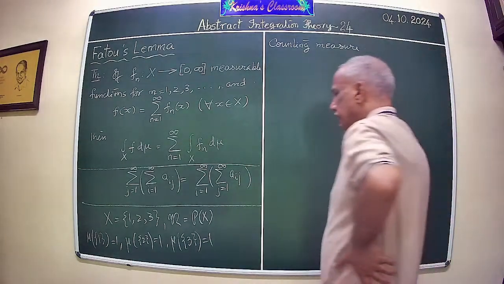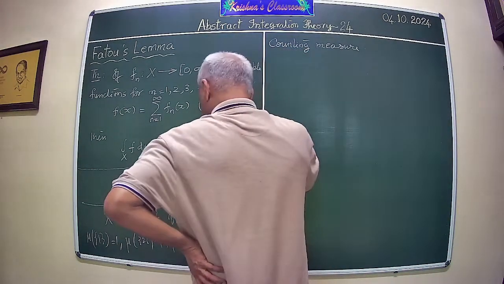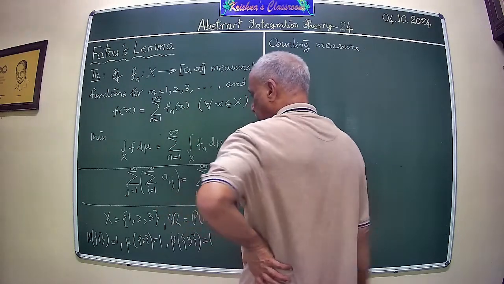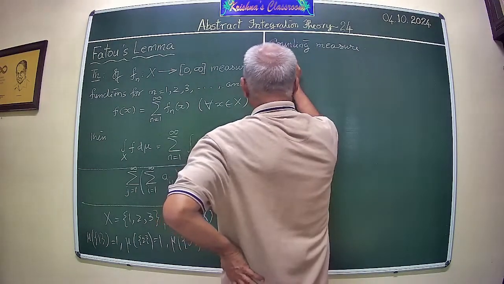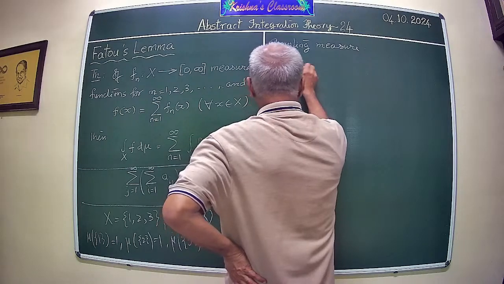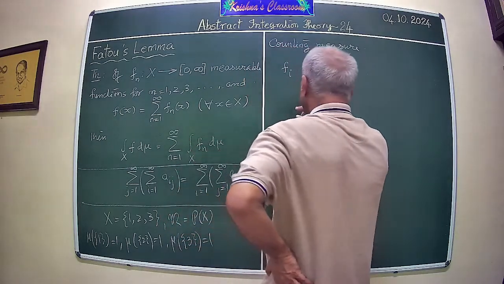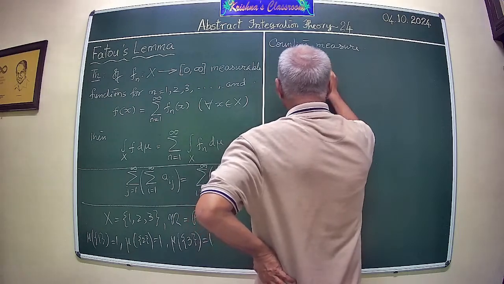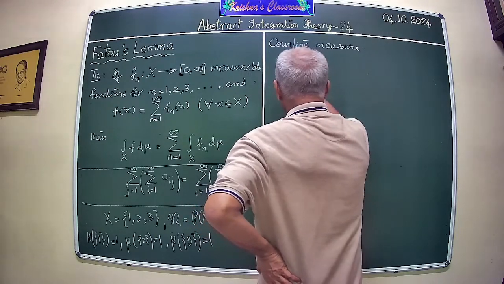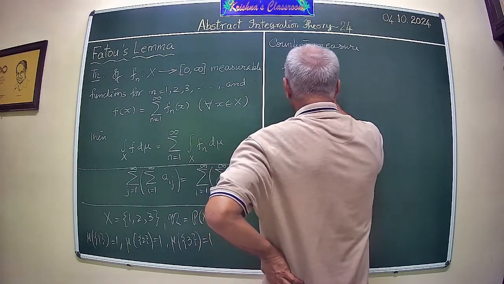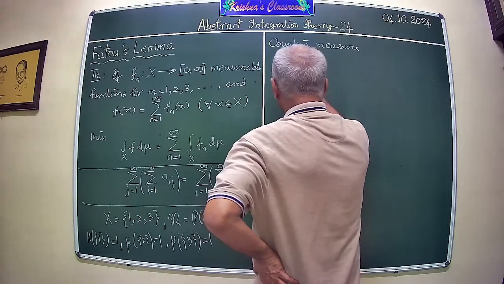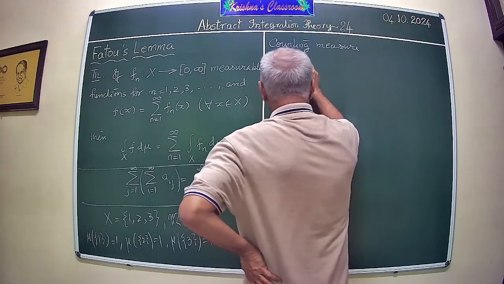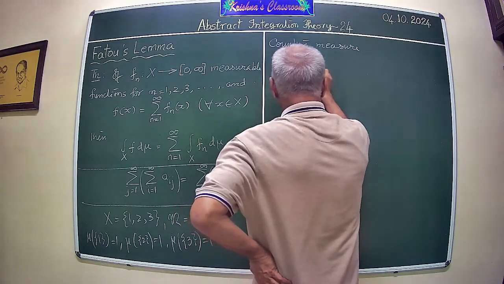Now what one does is, you take Fi defined by Fi of j equal to Aij.